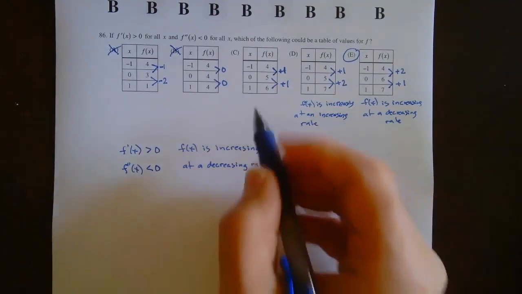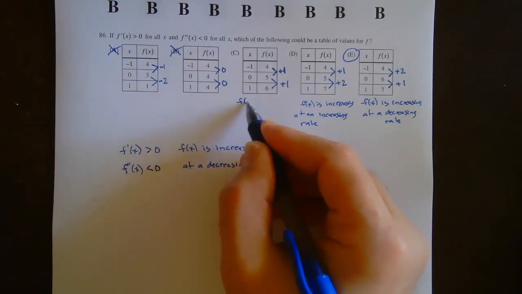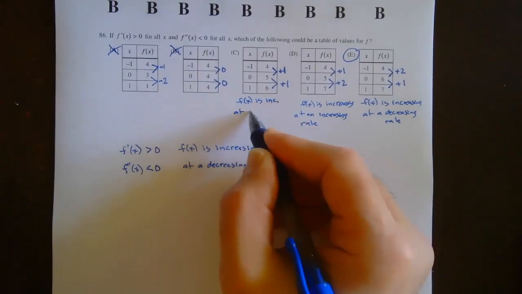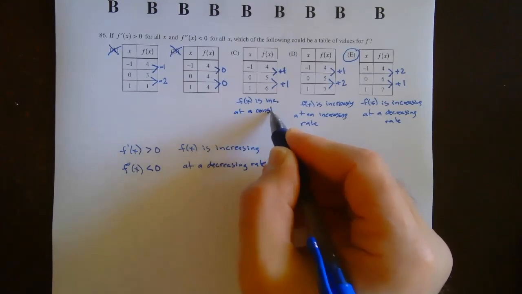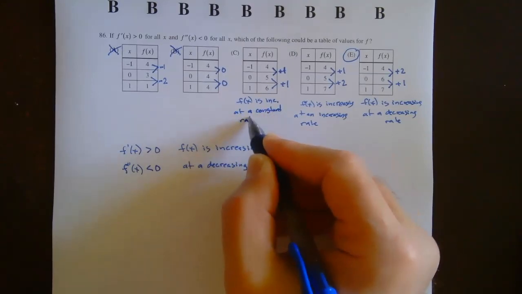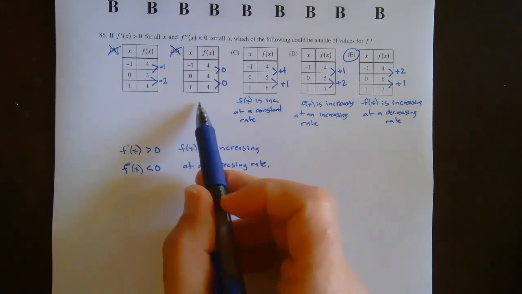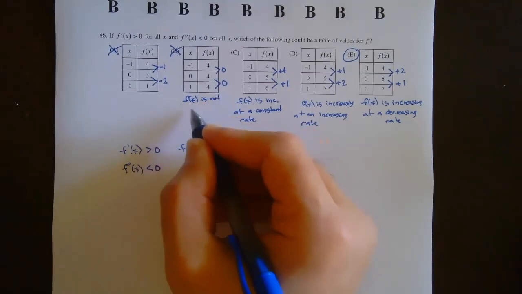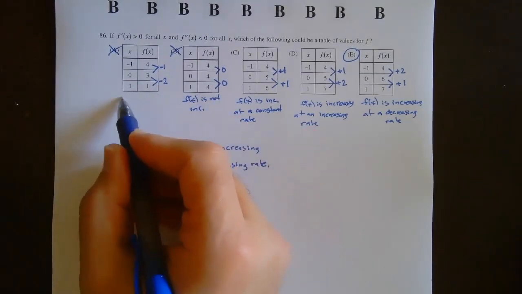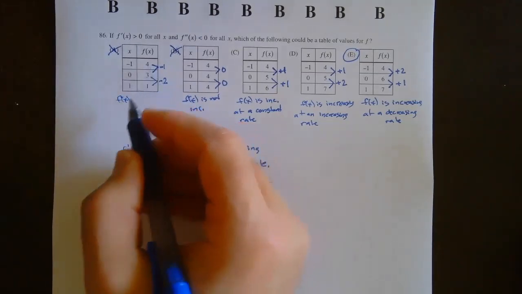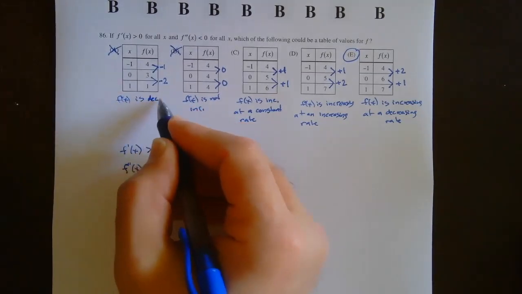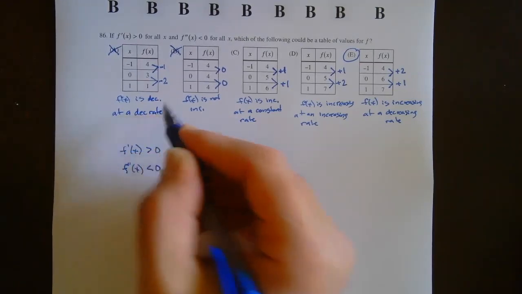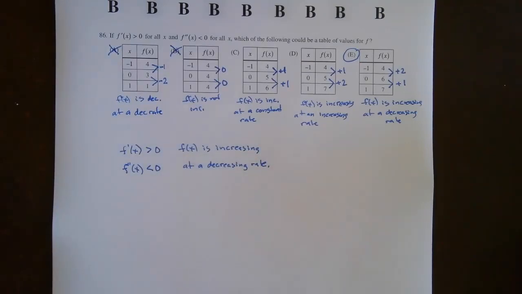And then this one would be f of x is increasing at a constant rate. This would be f of x is not increasing. And then this one would be f of x is decreasing at a decreasing rate. So that explains all 5 situations.